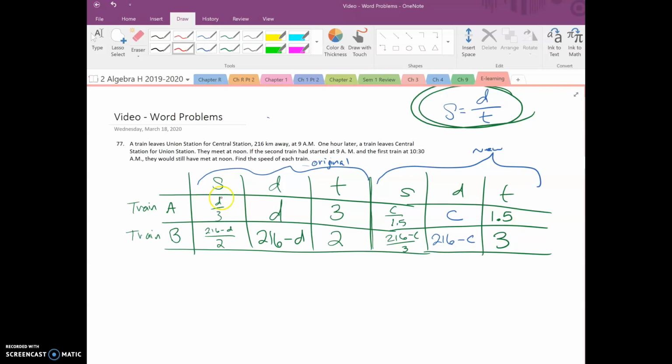So I'm going to say that train A's speed is supposed to be equal to train A's speed later. D over 3 is supposed to be equal to C over 1.5. That's one equation. Anyone want to guess what the other equation is? Yeah, train B's speed should be equal to train B's speed later.